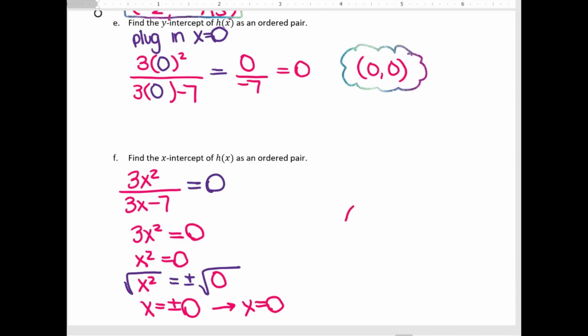And notice that we get 0 for x after we plug 0 in for y, and we're right back to the same intercept that we found in part E, but we made sure that we weren't missing a second intercept.